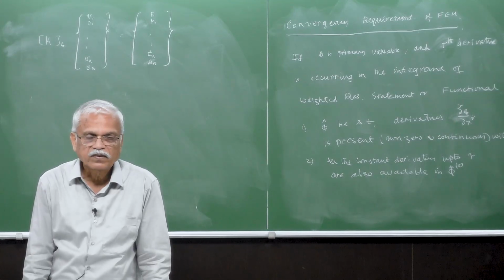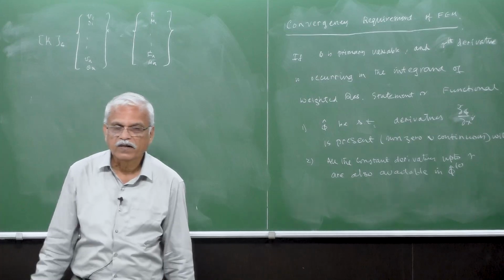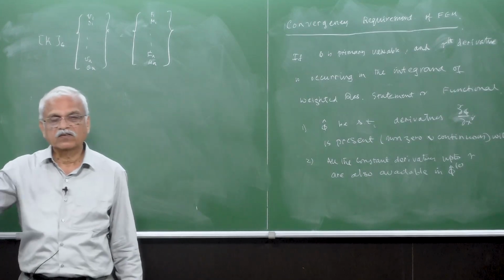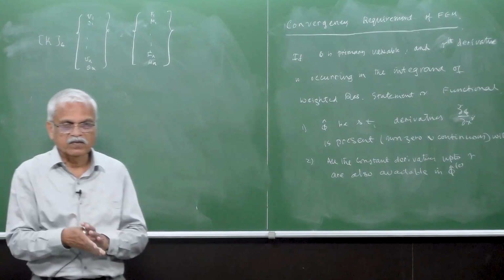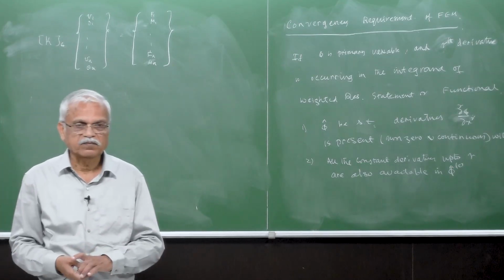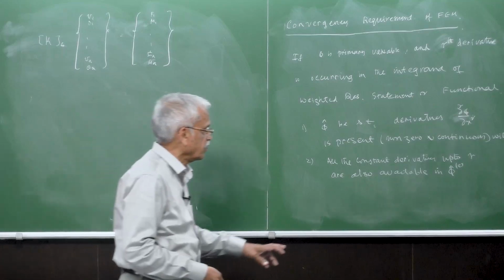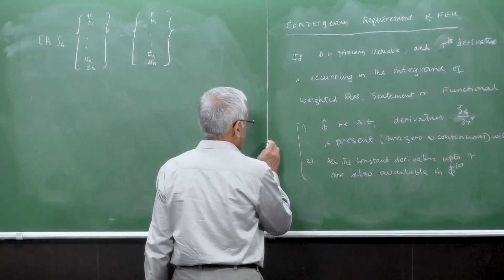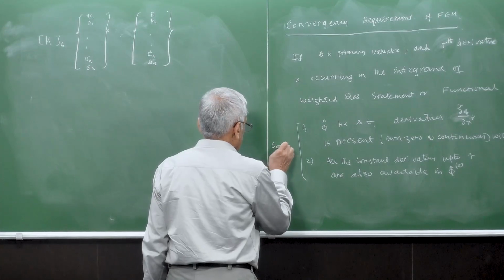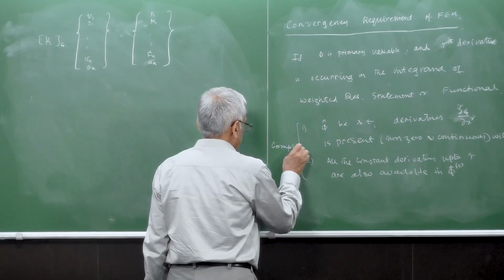For example, you cannot simply go from a0 plus a1x squared and b1y squared, so that linear terms are missing, which is not acceptable. So they also should be present. If these two are satisfied, then we say the approximation is complete.